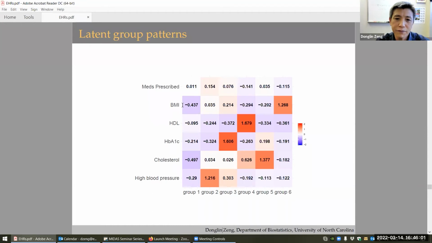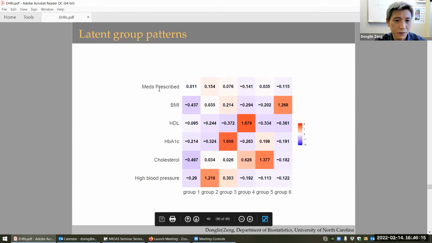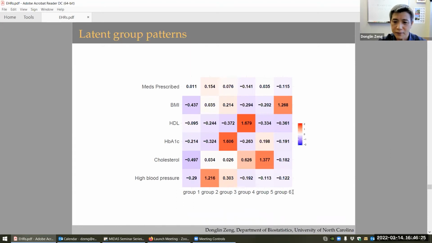So for example, if this is 0.011, it means it's a little bit above the average of the whole data in terms of this biomarker. And I reported the average for each cluster in terms of each biomarker. So a very interesting thing: you can see these 6 groups are really distinct from each other. They really have 6 patterns of groups of patients.